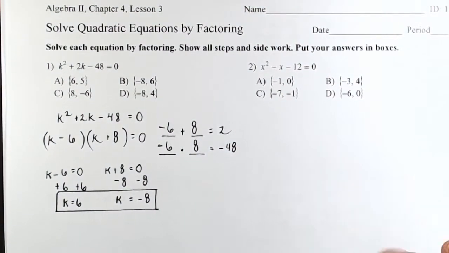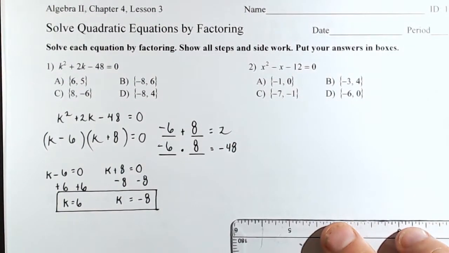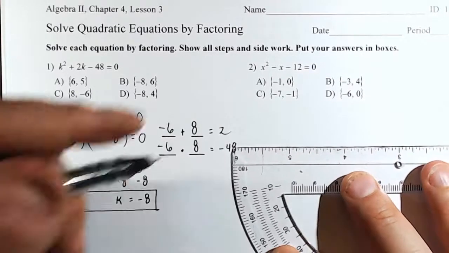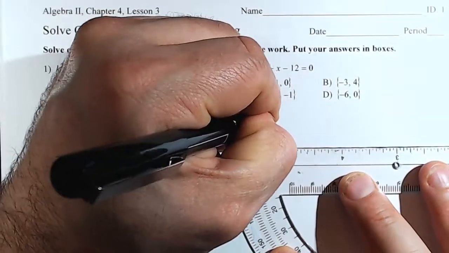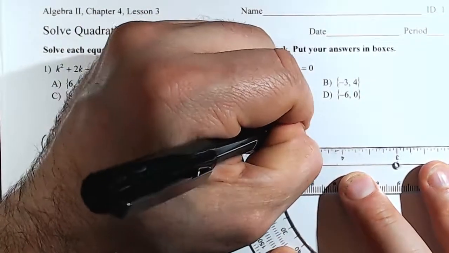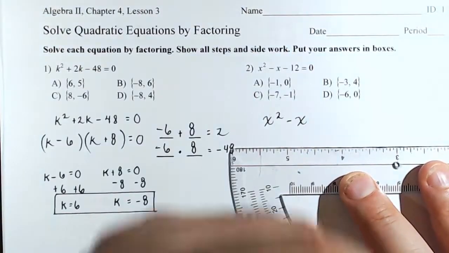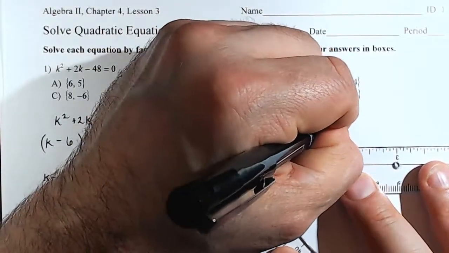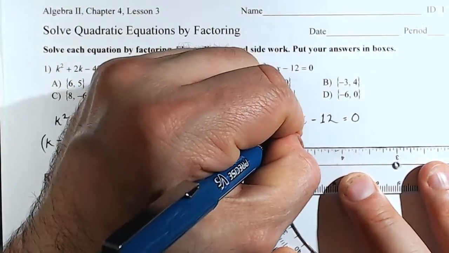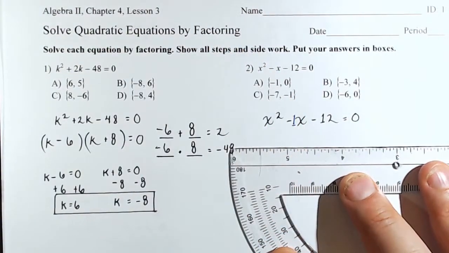For number 2, I have x squared minus x minus 12 equals 0. So I have x squared here, and I'm going to rewrite it: minus x minus 12 equals 0. Now recall that there is a little invisible 1 in front of that x. That's going to be helpful to us in a moment.